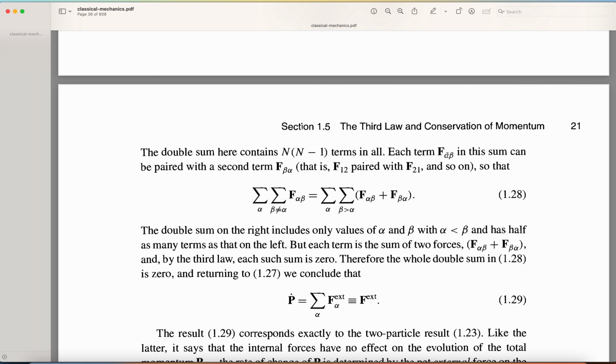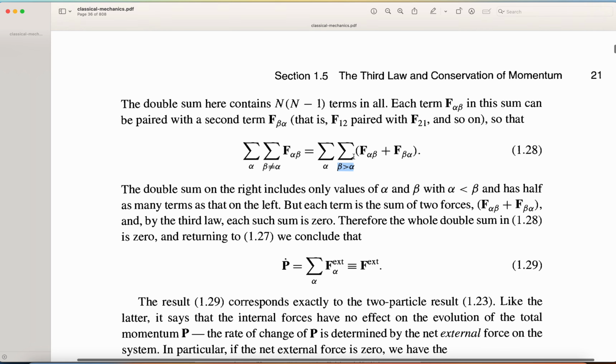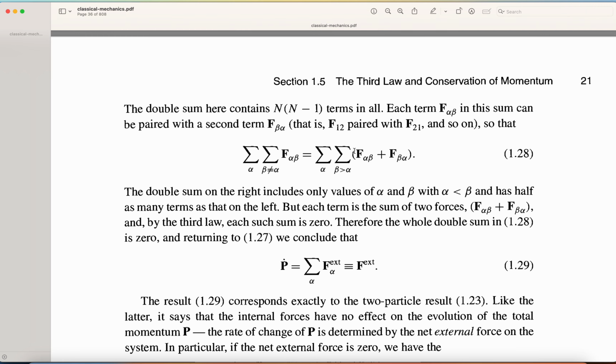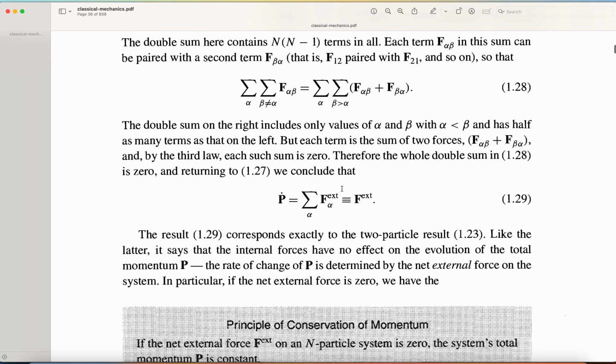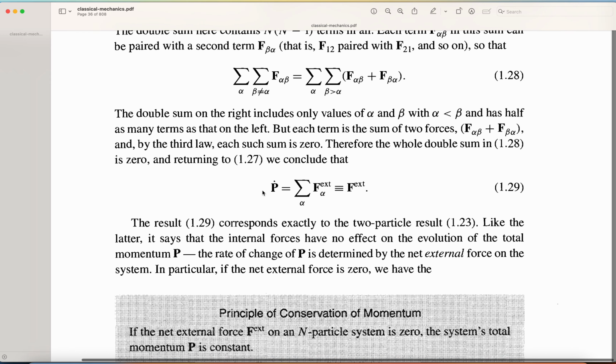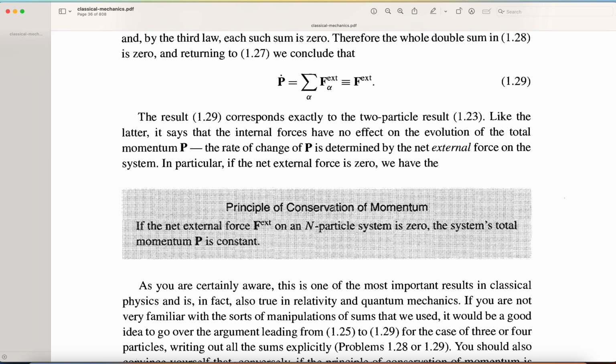Each F alpha beta can cancel out with the F beta alpha. If you order them based on which one has a larger index, then you can pair up the two. So in general you get it as purely dependent on the external force, so that's fine.